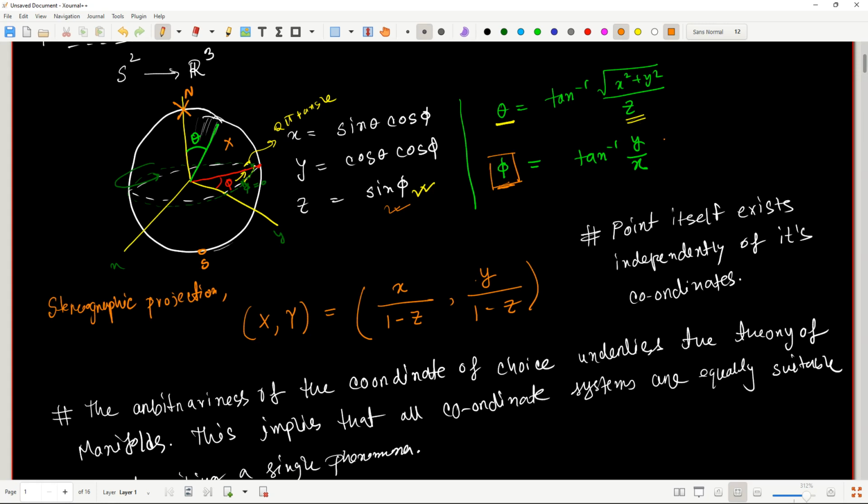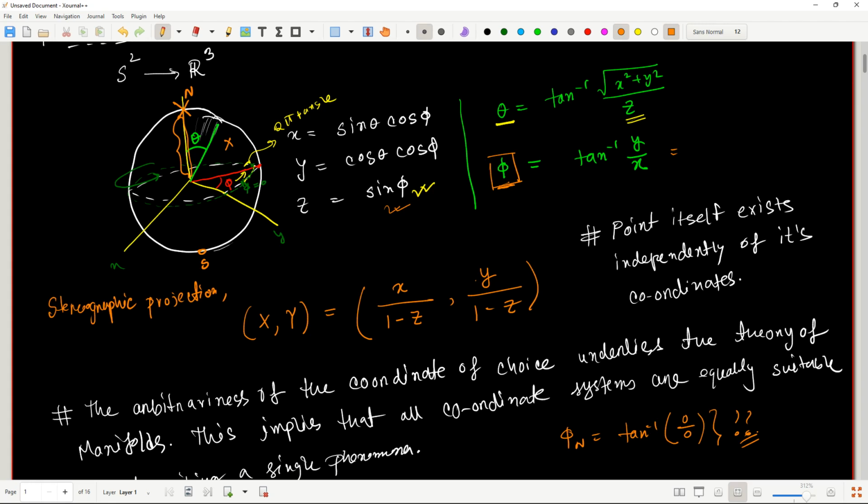But what are the values of x and y at the North Pole and the South Pole? It only has some z coordinate, right? So at the North Pole, let's say phi of N, if you want to compute the phi of N, you'll have a tan inverse of 0 by 0 expression, and we don't know how to do it, right? So it is not possible to cover the entire surface of the sphere with just a single coordinate system.